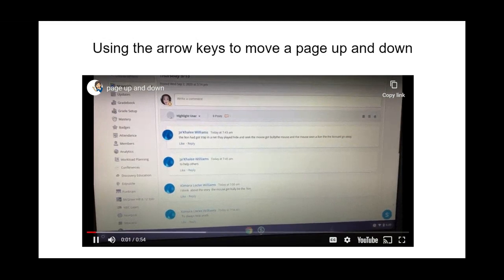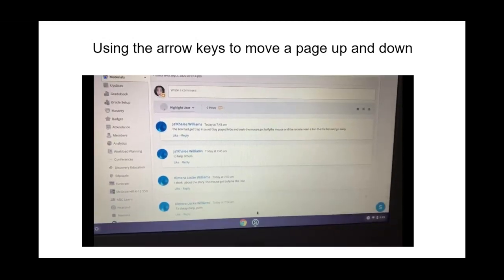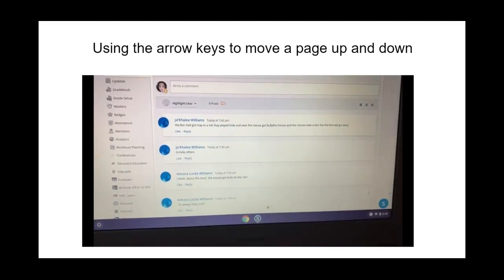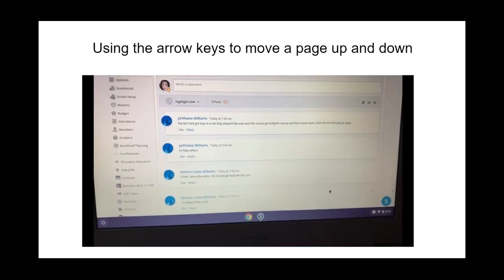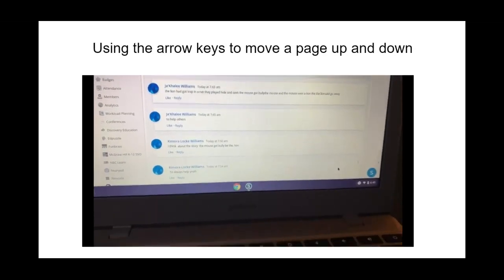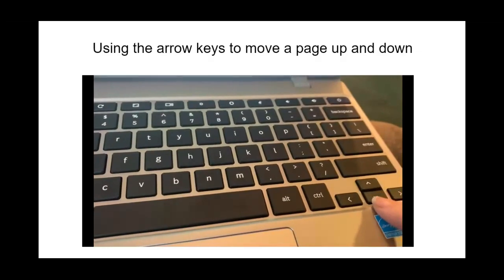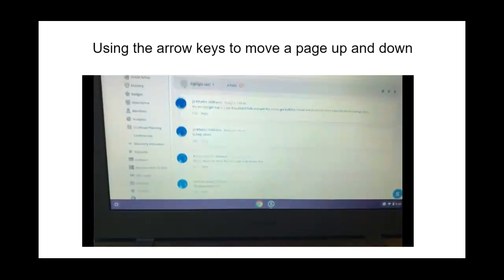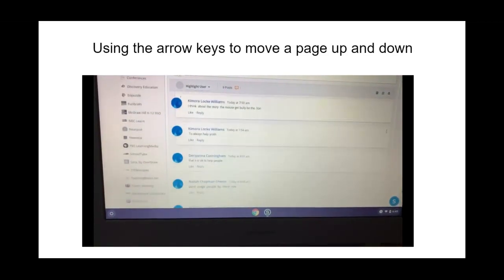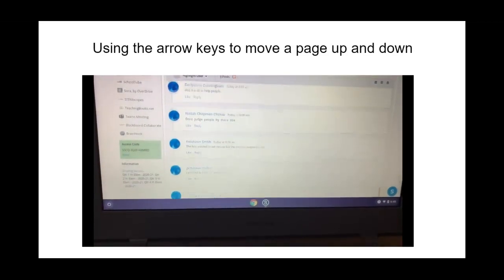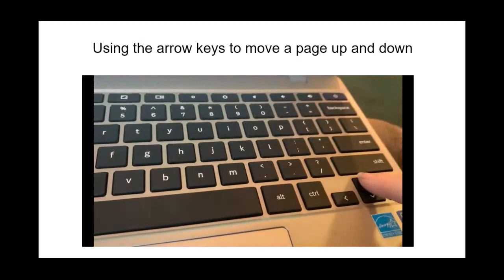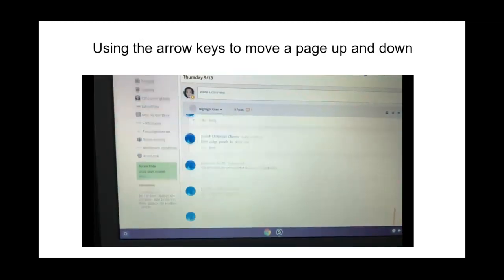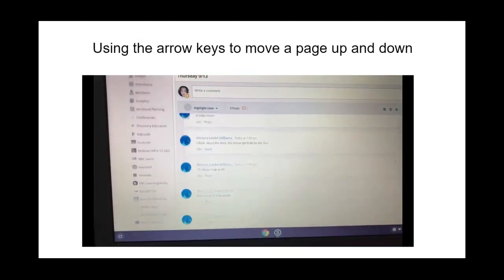If you are looking at a page and you want to see what's at the bottom of the page and you can't quite see everything, the easiest way is to use your finger and use the up and down arrows. If you push the down arrow, you can see what's down at the bottom. If you push the up arrow, you can see what's up at the top.